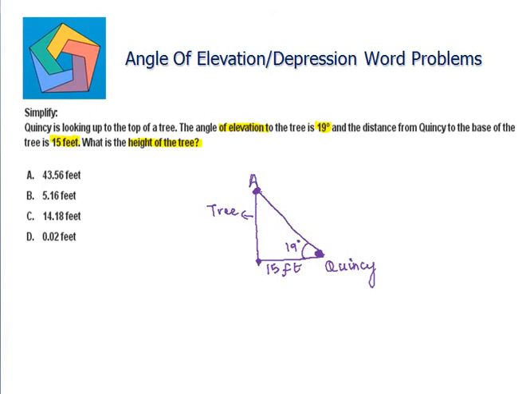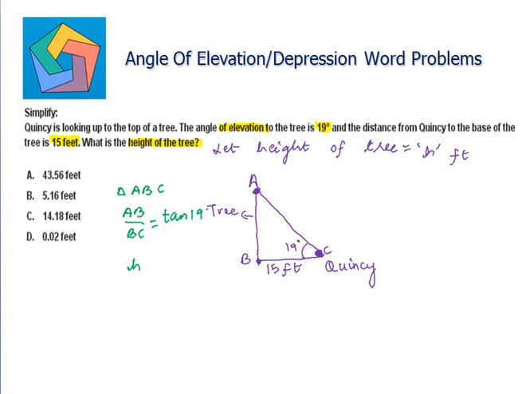Let's say this triangle is ABC, and let the height of the tree be h feet. So in triangle ABC, we'll take AB by BC as tangent of 19 degrees.